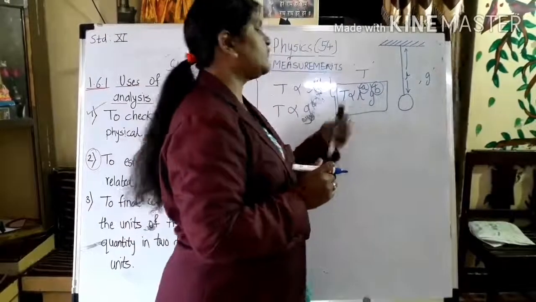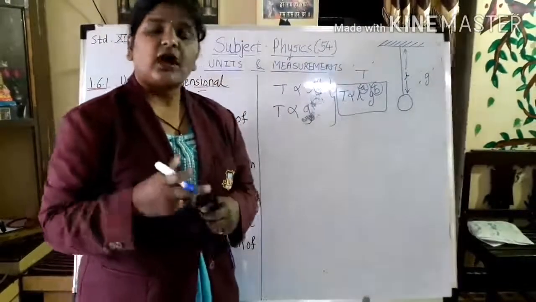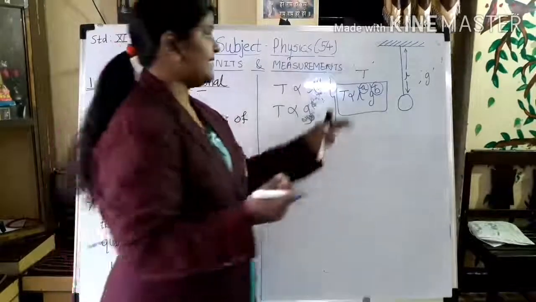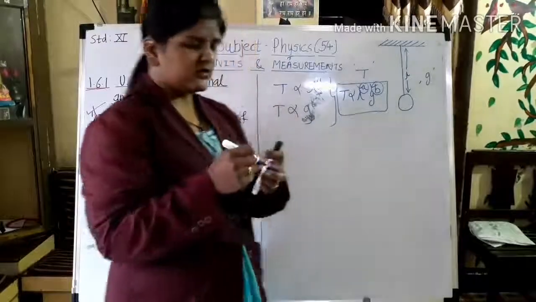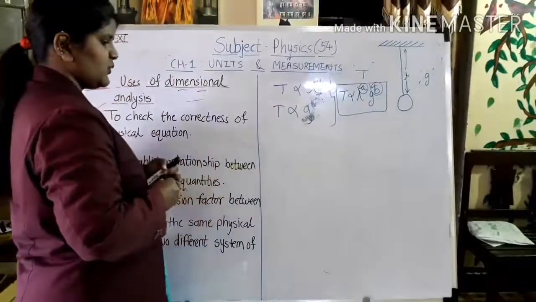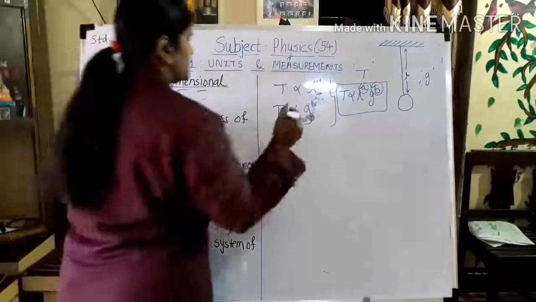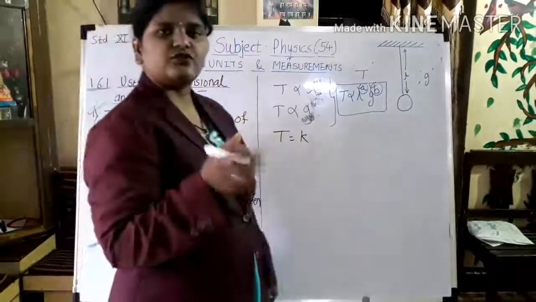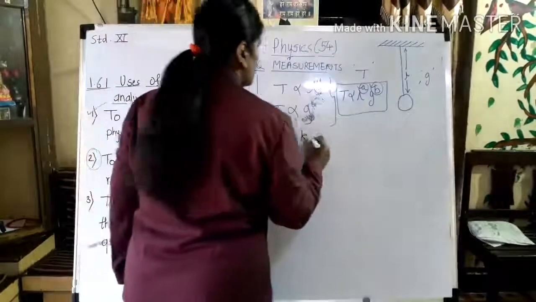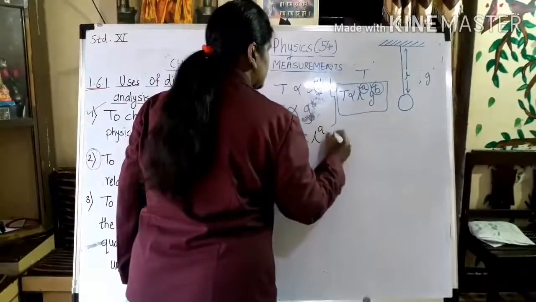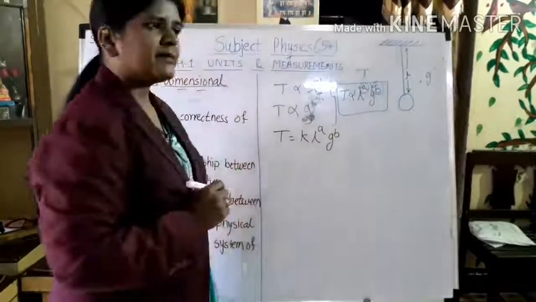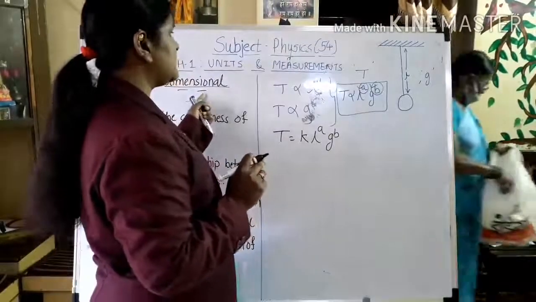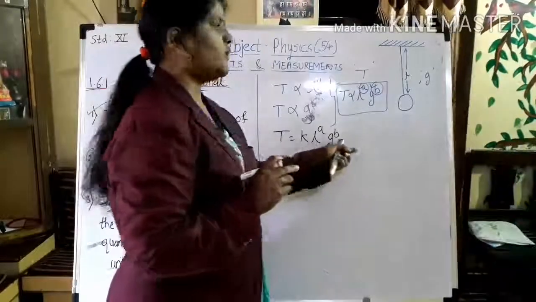We have to remove the proportionality sign by multiplying by a constant. So I am writing T equals K, considering that constant to be K, into L raised to a into g raised to b. Now we are going to substitute dimensions for all the quantities.